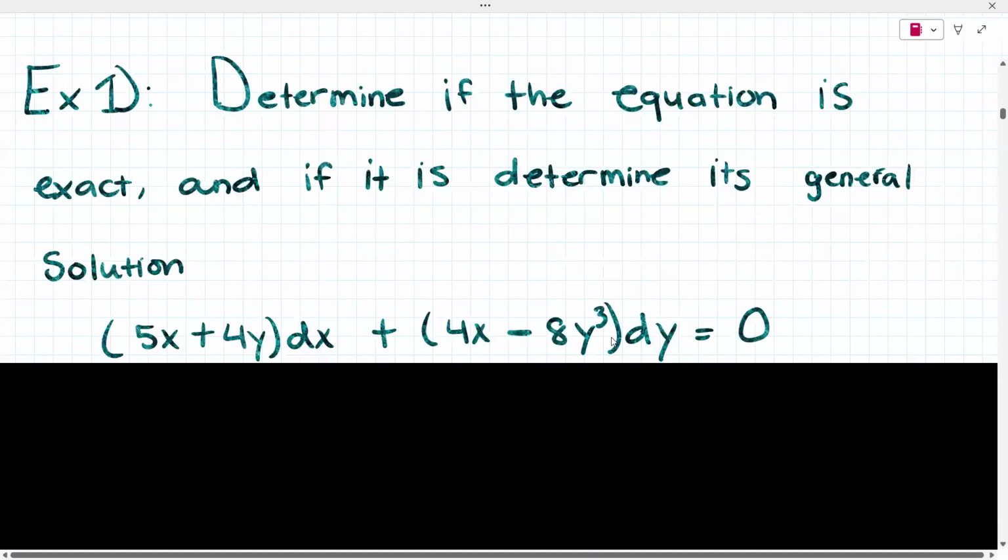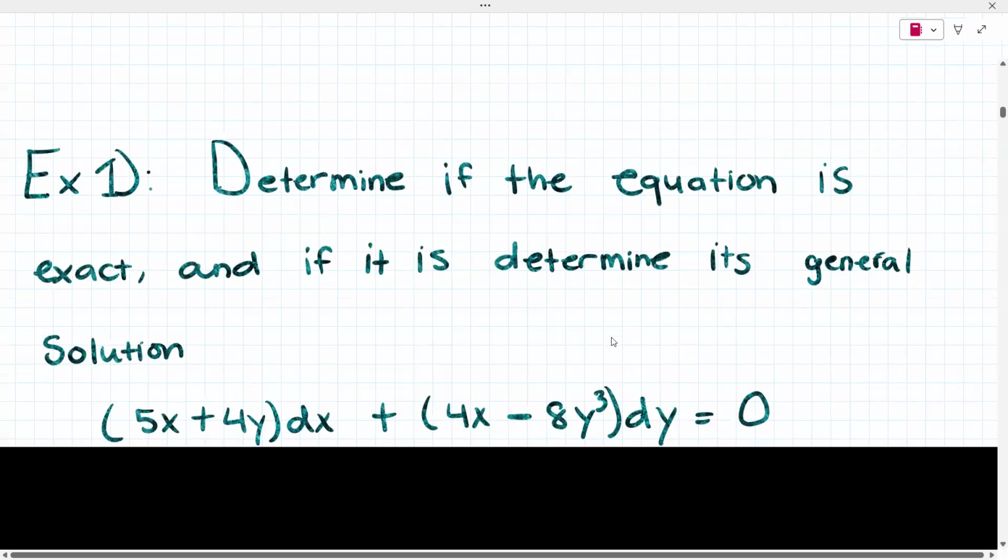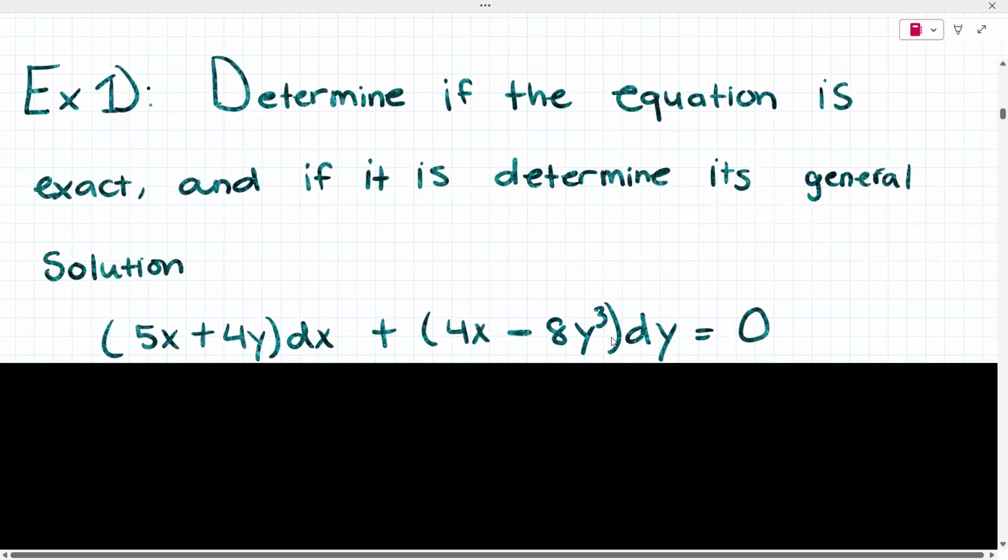So let's start with example 1. Determine if the equation is exact, and if it is, determine its general solution. So this one, we have (5x + 4y) dx + (4x - 8y^3) dy = 0. And they don't give us an initial condition, right?